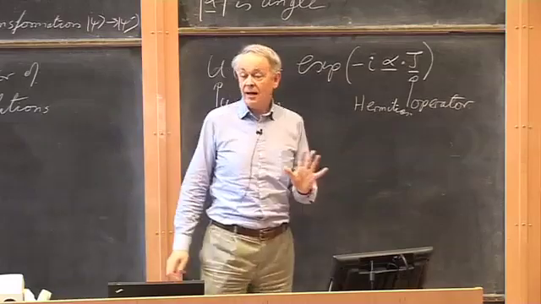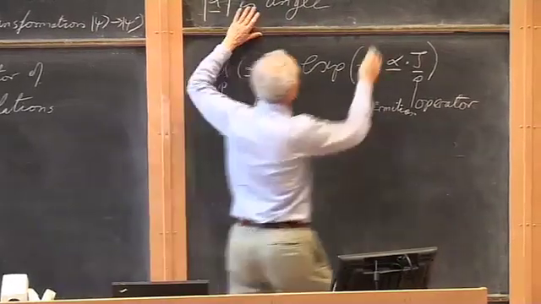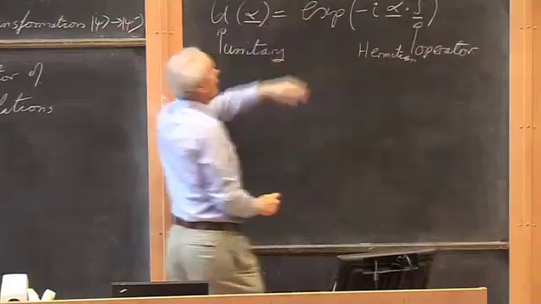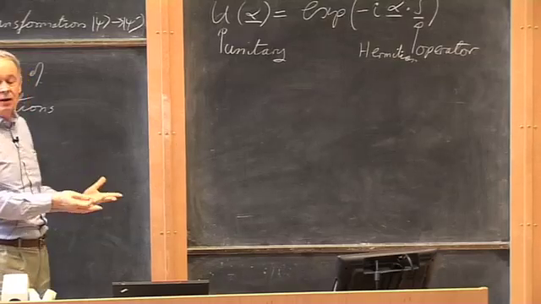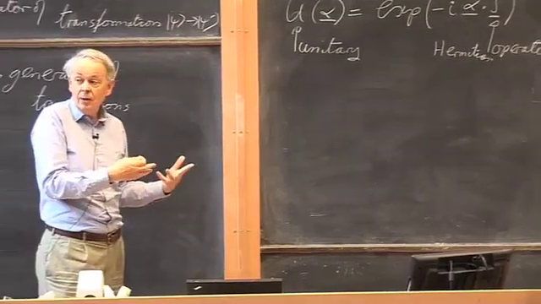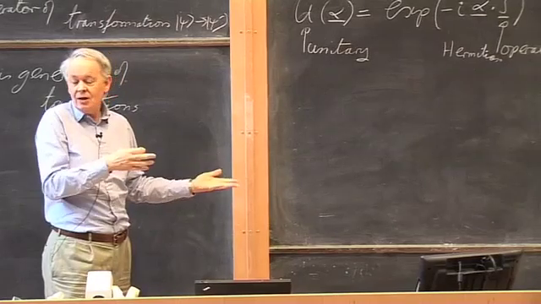So I hope that much is self-evident, or will be when you think about this through again. There must be this operator. It's going to be Hermitian, so it's going to be a candidate for an observable. And the question arises, what observable is it going to be the operator of?